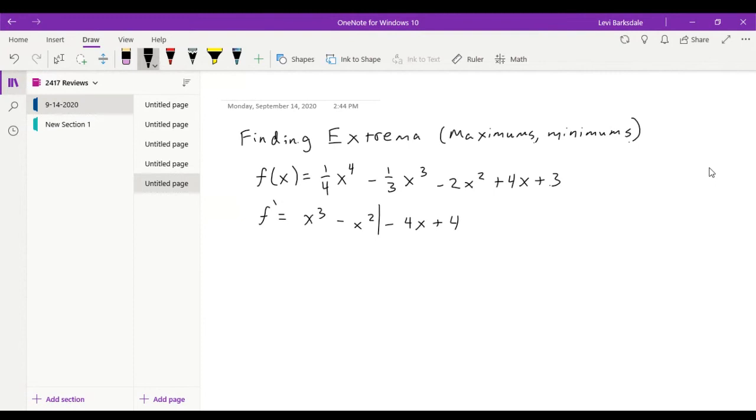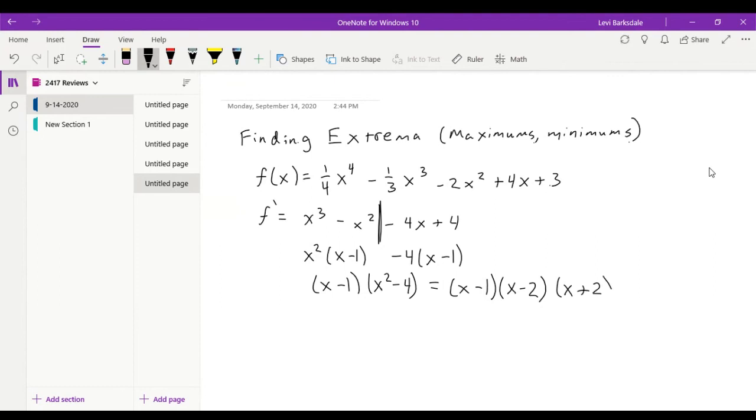So for instance, if we chop this function in half, we can see that this is x squared times x minus 1, and this is negative 4 times x minus 1. Since both of these have an x minus 1, it becomes x minus 1 times x squared minus 4, which is x minus 1 times x minus 2 times x plus 2, since x squared minus 4 is the difference of squares. So that is our first derivative.